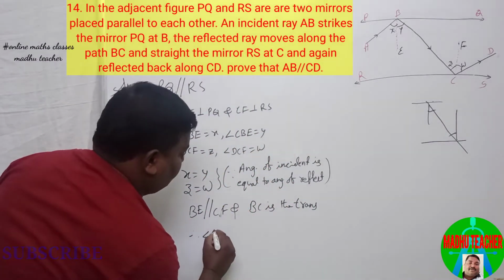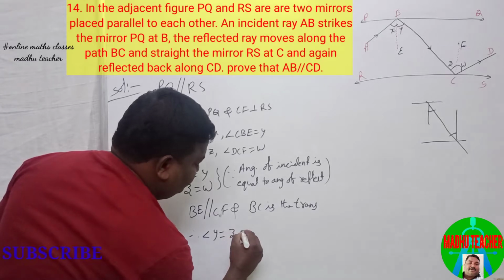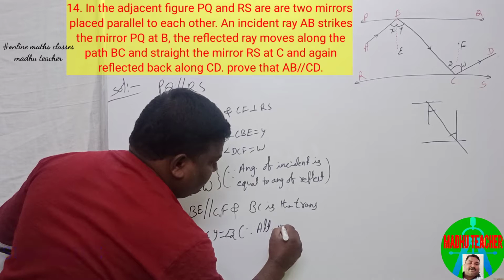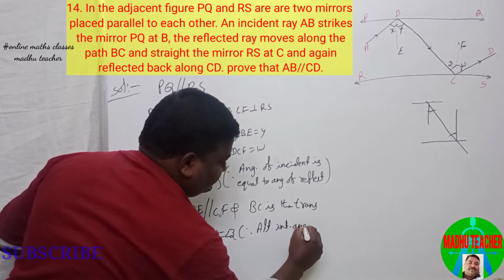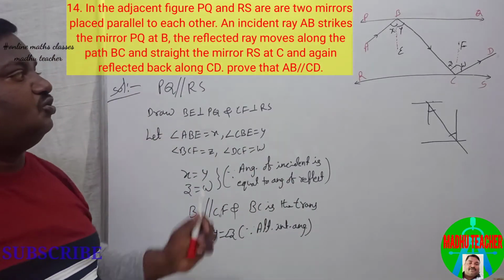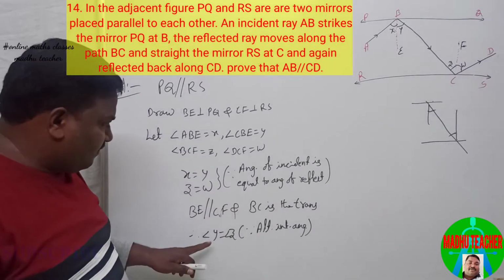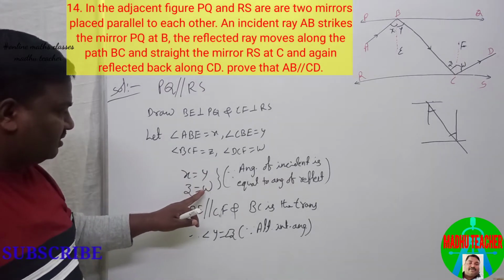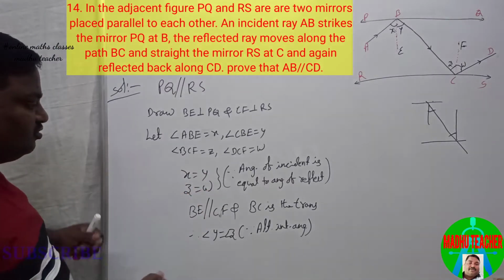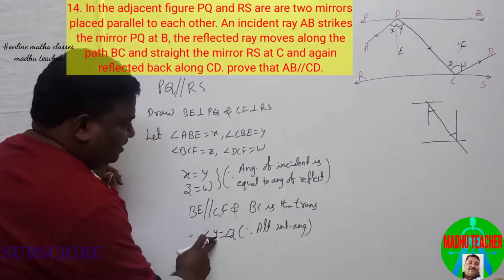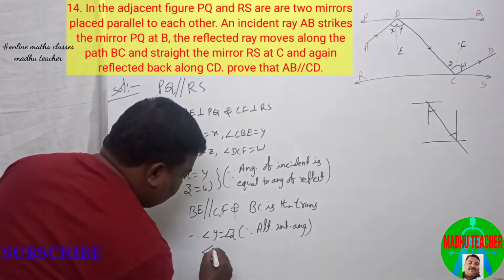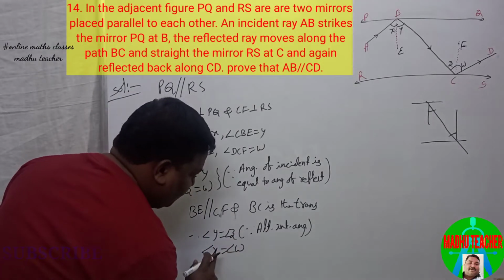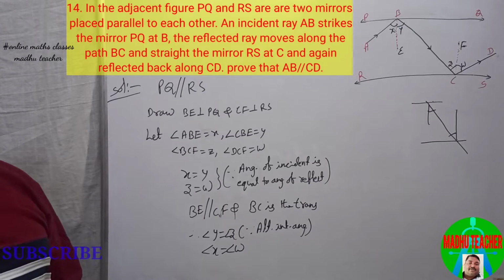That is, angle Y equal to angle Z. Since they are alternate interior angles, Y equal to Z. So already we know that Y equal to X and Z equal to W. So in place of Y we can write X, and in place of Z we can write W. Therefore angle X equal to angle W also.